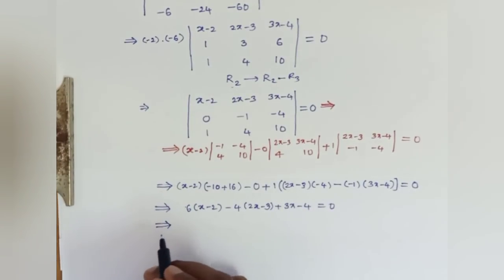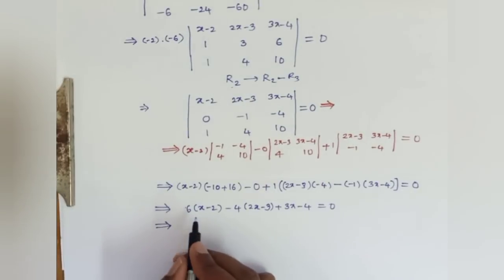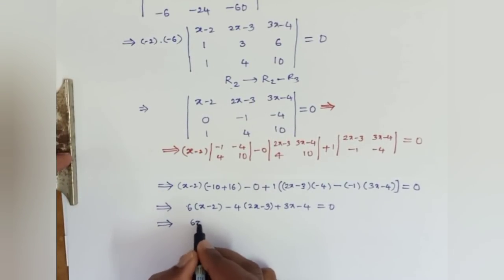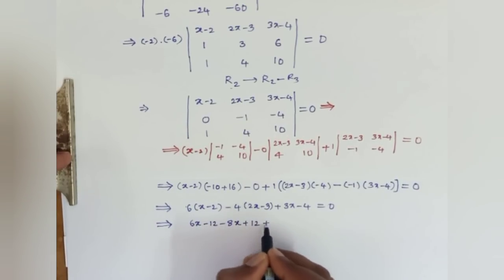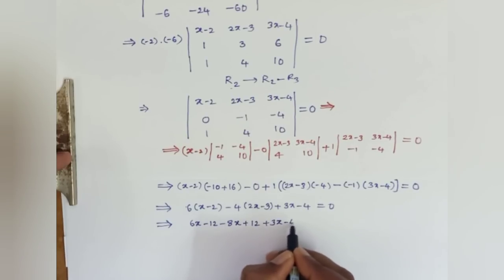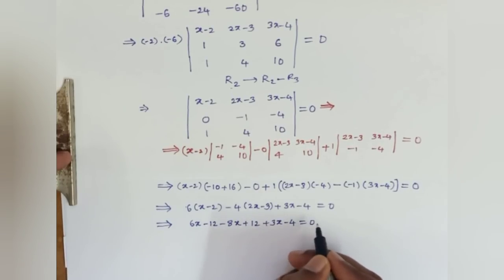Then this implies 6x minus 12 minus 8x plus 12 plus 3x minus 4 is 0.